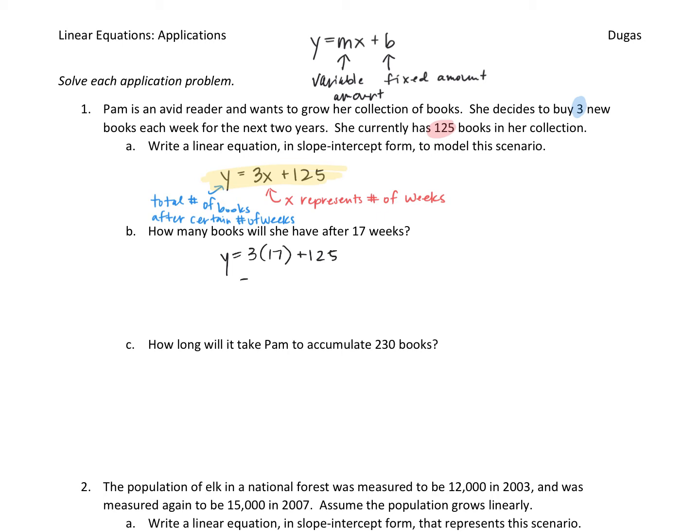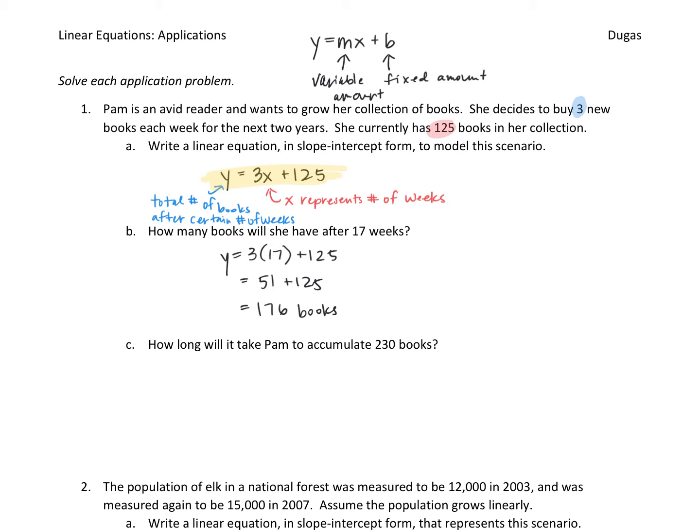When we figure that out, we will see that 3 times 17 is 51, and 51 plus 125 is 176. So she will have 176 books after 17 weeks.